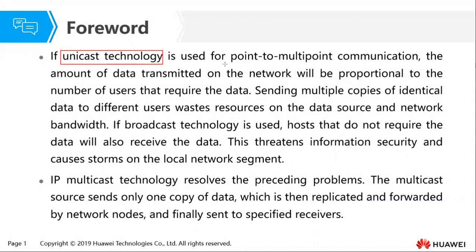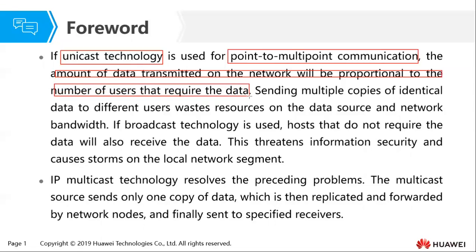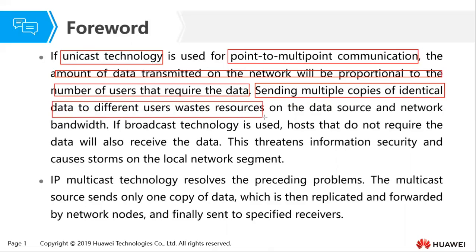If unicast technology is used for point-to-multipoint communication, so you have a single source but many receivers, the amount of data transmitted on the network will be proportional to the number of users that require that data. So sending multiple copies of identical data to different users wastes resources on the data source and also on the network bandwidth.